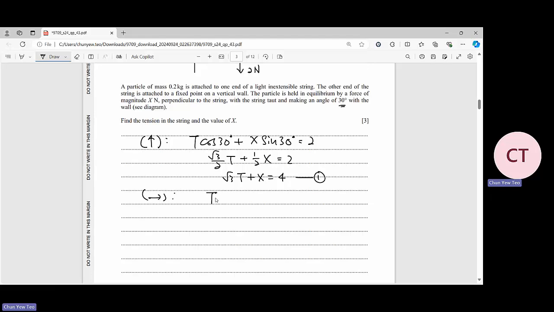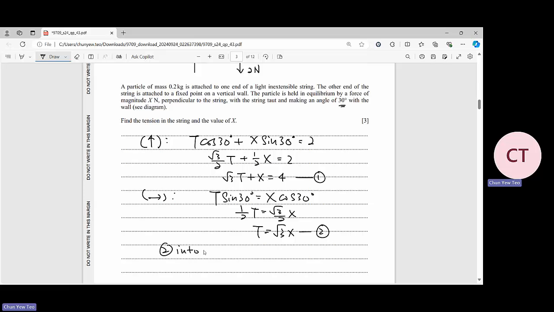I have T sin 30 is equal to x cos 30. So it will be half T is equal to root 3 over 2 x. That means T is actually root 3 x. That will be your second equation.